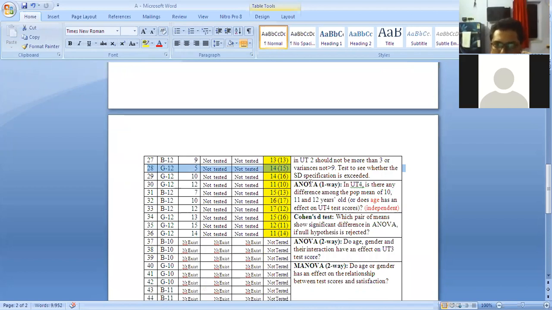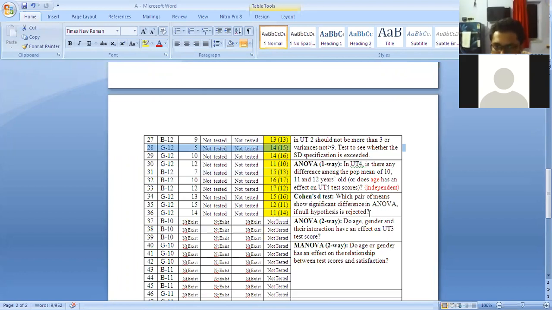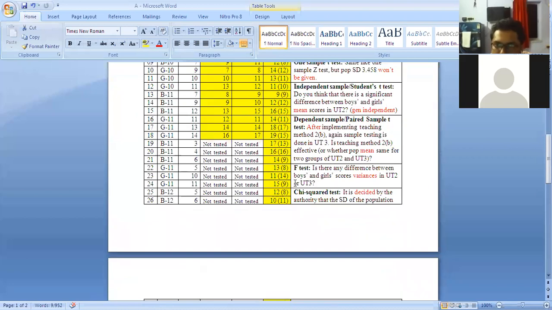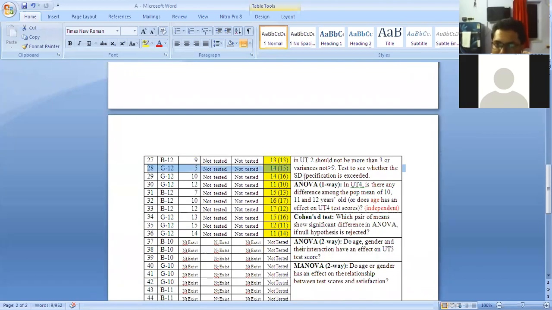Now, when you will use Cohen's d-test, this is very important. Cohen's d-test is actually a post hoc test. From one-way ANOVA, suppose you have got that the population means are different in 10 years old and 11 years old and 12 years old. The means are not equal.